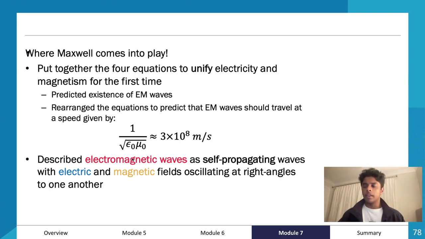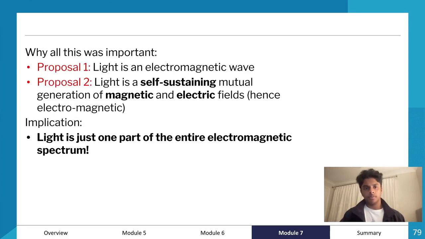So, yeah. He also described electromagnetic waves as self-propagating waves with electric and magnetic fields oscillating at right angles to one another. Alright, so why is this all important then? Well, his proposal 1 is that light is an electromagnetic wave, as I mentioned before, and his proposal 2 is that light is a self-sustaining mutual generation of magnetic and electric fields, and hence electromagnetic.